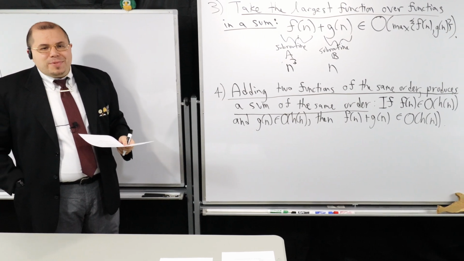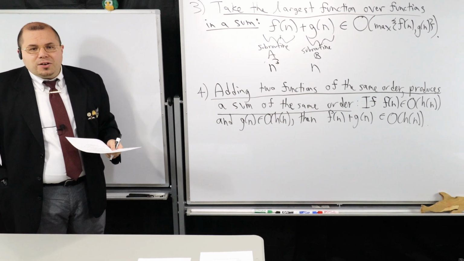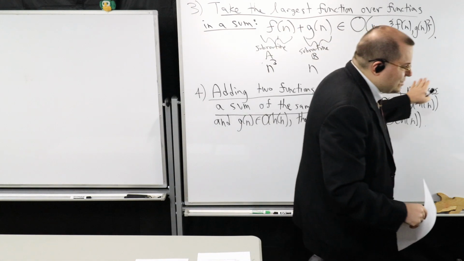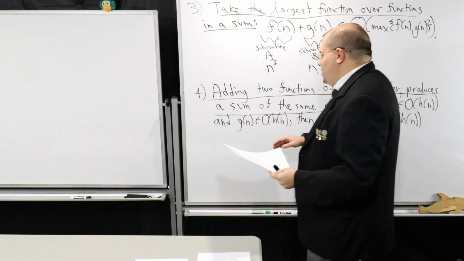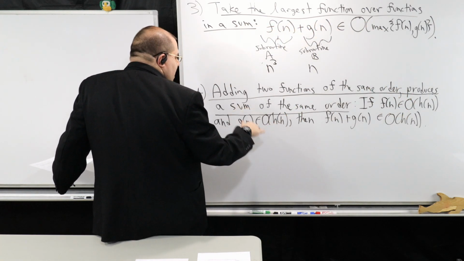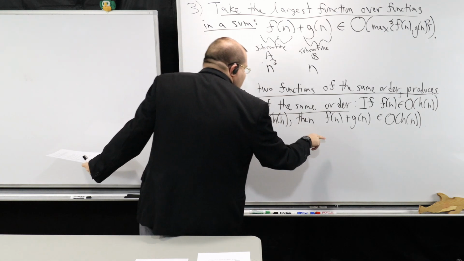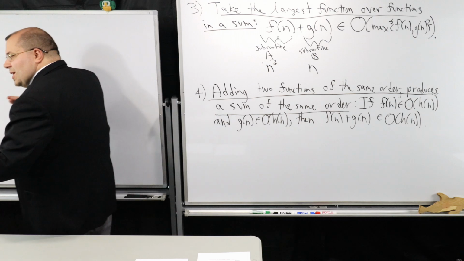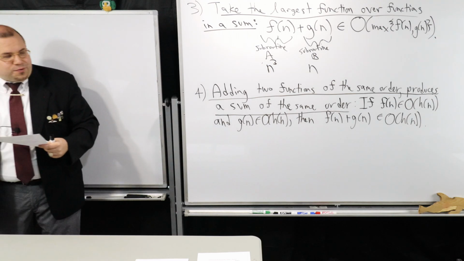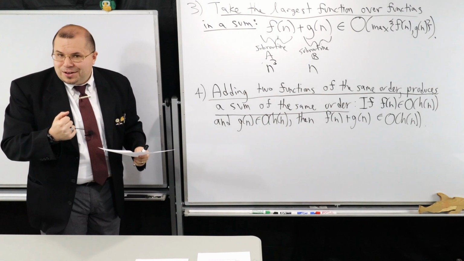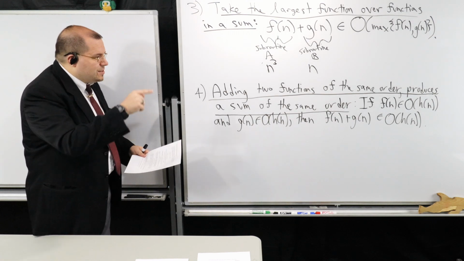So what does that mean? In our strategy, this is an example of something called a conditional statement. I have if this and this, then it follows that this holds. When you're proving a claim like this, you can use information that is part of the if part of the claim to deduce the then part.